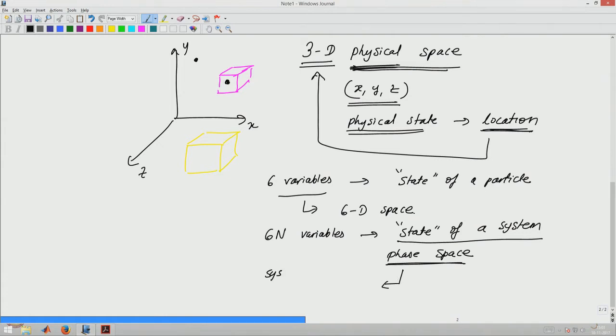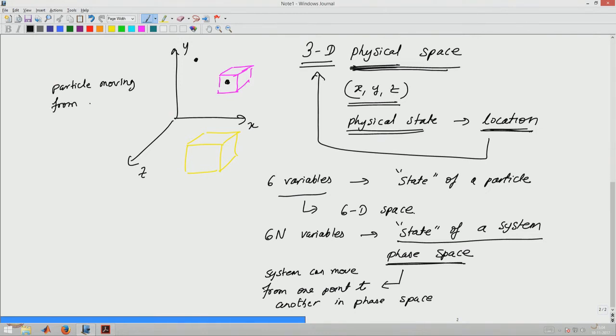So, this is very analogous to the particle moving from one location in physical space to another location.